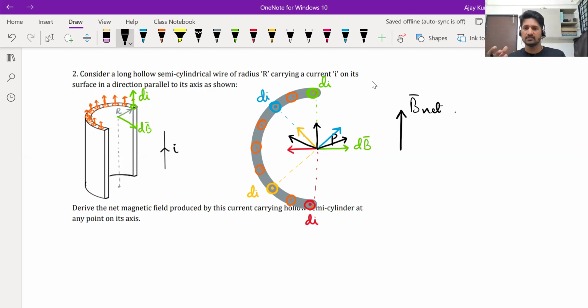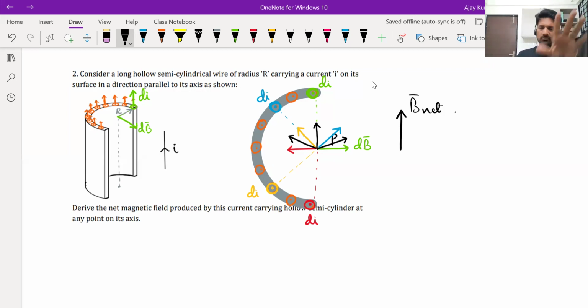So you'll have to integrate a vector quantity. So you'll have to take components. Now, if you can visualize what the direction of the net field is going to be, you can only integrate components along that direction, and that will be enough. You don't have to bother about the other component. So that's how you should proceed in such questions.